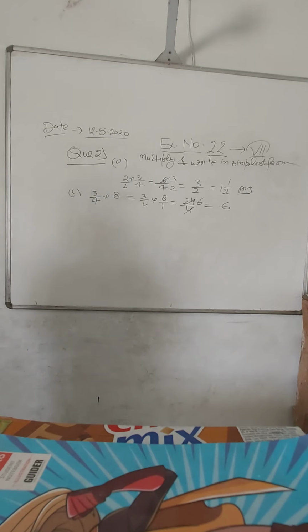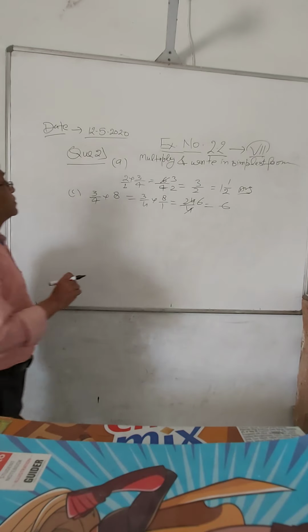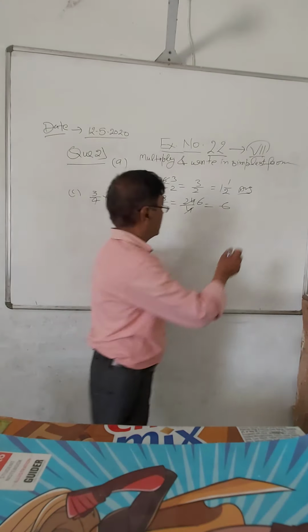So certain more problems are given here in 2.2. So we will see that 2.2, 3 by 2 and C. Next, this is the answer.